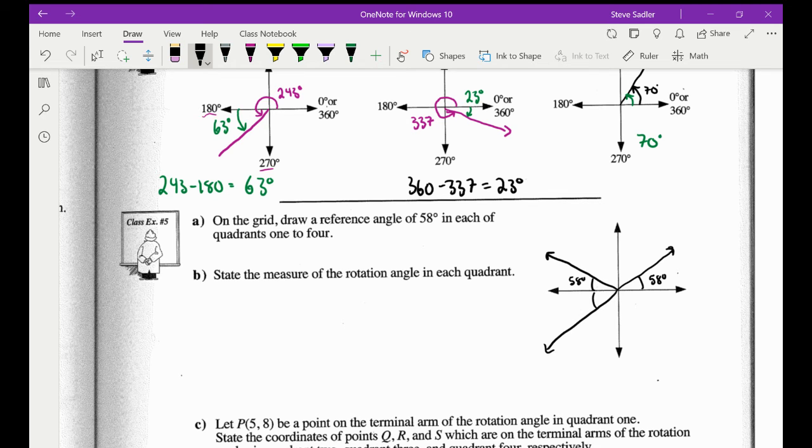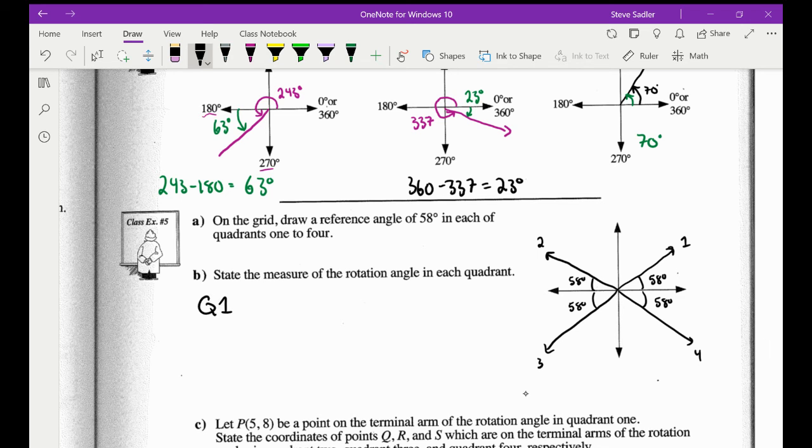This one 58 degrees from the 180. And then this one also 58 degrees. So we'll label this 1, 2, 3, and 4 because those are the quadrants it's in.